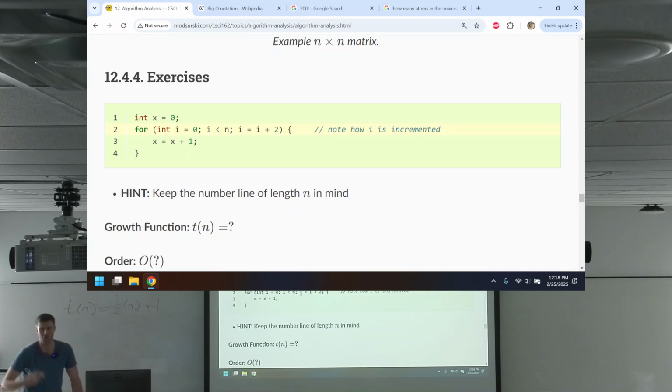The amount of work this would do grows like n. So it's still n, even though it's half of n. It grows like n as you crank up n. That's what I'm saying.